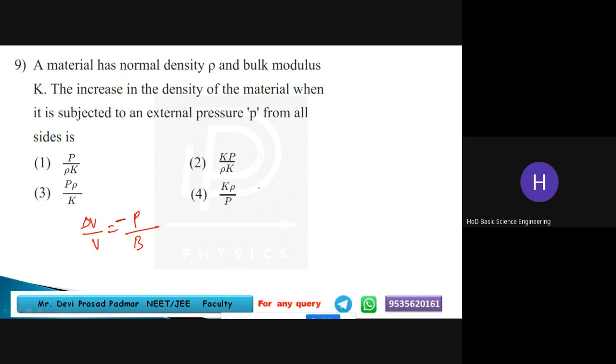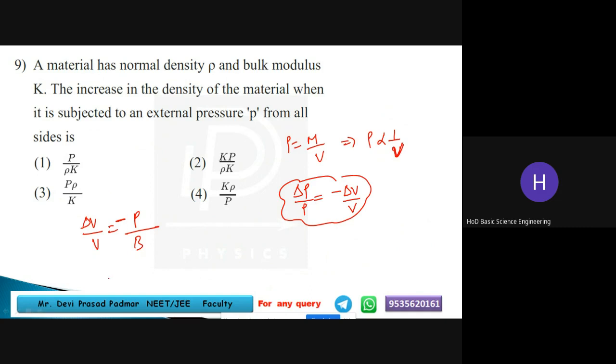Now, you know density is mass by volume. That implies density is inversely proportional to V. So we can write delta rho by rho as minus of delta V by V. Correct, no? Delta rho by rho is nothing but minus of delta V by V.